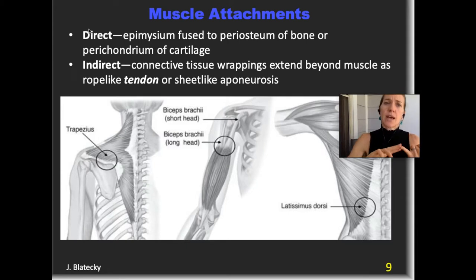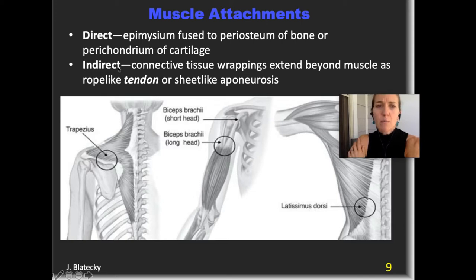With an indirect attachment, this is where you're going to have connective tissue that extends beyond the muscle as a tendon. So just like we were saying with the gastrocnemius, your Achilles tendon inserting into your calcaneus, you also have the short and long head of the bicep brachii that are nice examples of an indirect attachment. So we see this a lot with muscles attaching to bones.